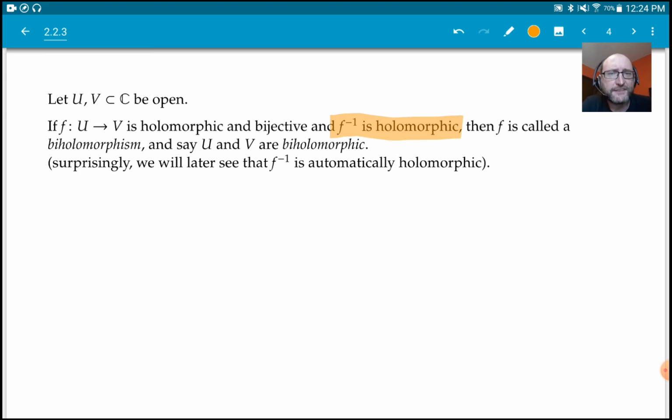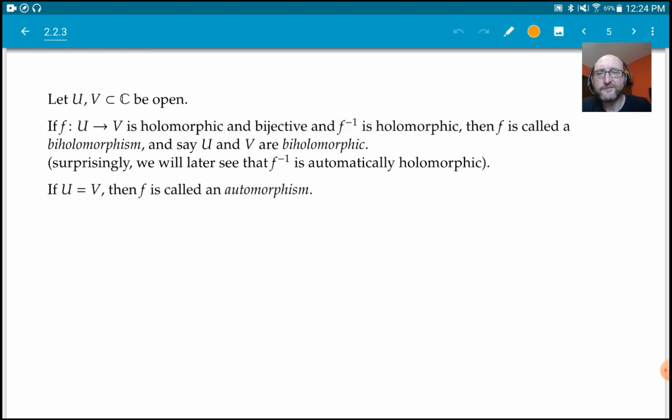This hypothesis that F inverse is holomorphic is unnecessary. We'll prove later that any bijective holomorphic function is actually biholomorphic. It's weird, but yeah, it's one other weird thing that you get from holomorphic functions. But that's gonna come later. We need a lot more machinery for that.